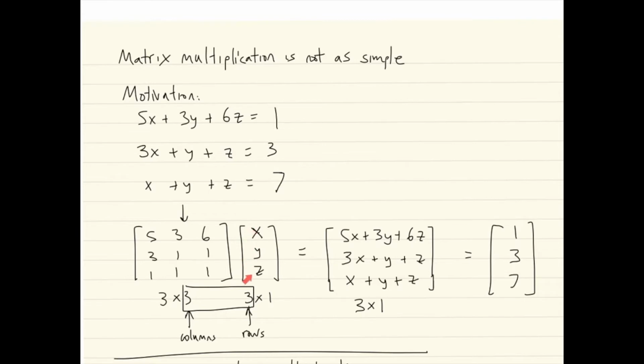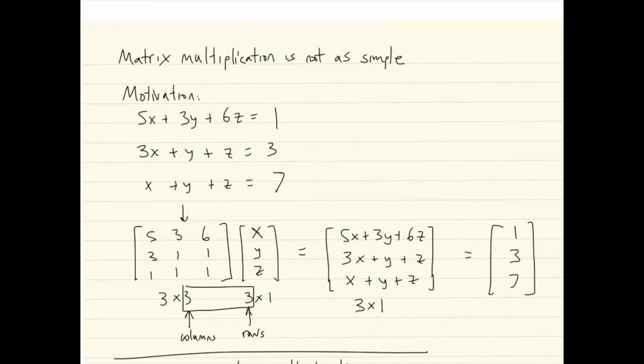I've got 3 rows and 1 column, and the way I want to define matrix multiplication is that here's a 3 by 3 matrix, here's a 3 by 1 matrix, and when I multiply them, I want to get this matrix here, which is just simply this equation, the first equation in the first row, the second equation in the second row, well, just the left-hand side of each such equation, and so on for the third row.